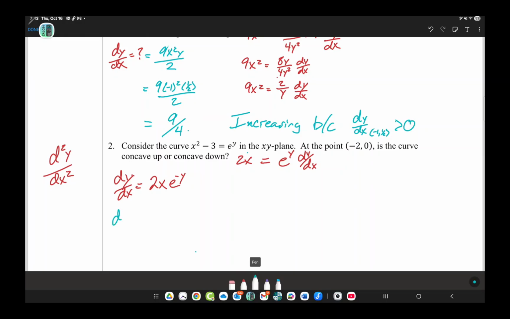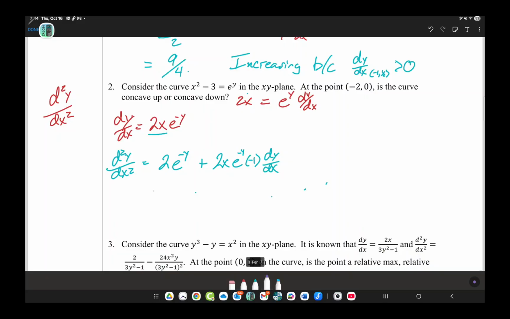Now that means that for d squared y dx squared, we're going to have to do product rule. So the derivative of 2x is 2, times e to negative y, plus 2x times the derivative of e to the negative y, which is e to the negative y times -1 dy dx.